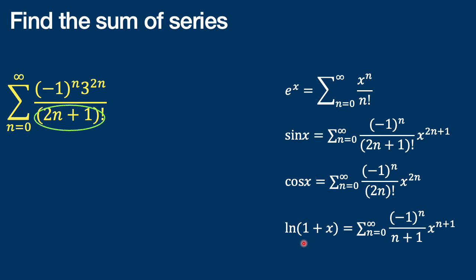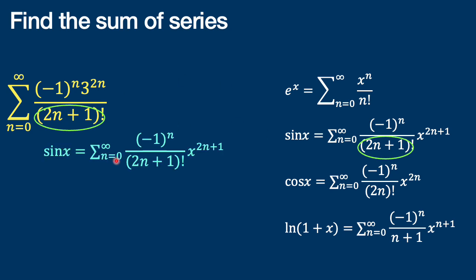Find the function which has a power series, Maclaurin series, with denominator (2n plus 1) factorial. That's going to be right here. So you have a clue, this Maclaurin series is related to the sine function. So sine x is negative 1 to the n, (2n plus 1) factorial, x to the 2n plus 1.